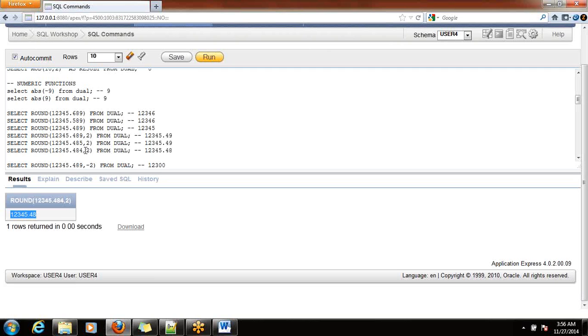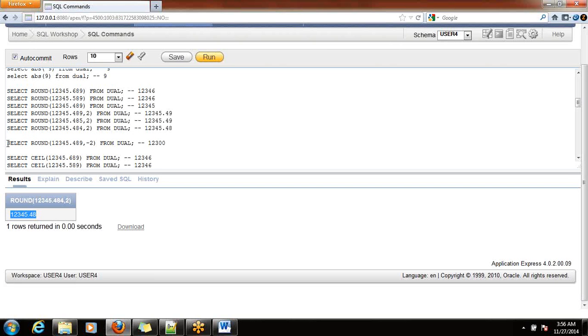Now here you can see I deliberately gave a negative value in the second argument. What happens is, to the left side of the decimal point it adds 2 zeros, because I am specifying -2.